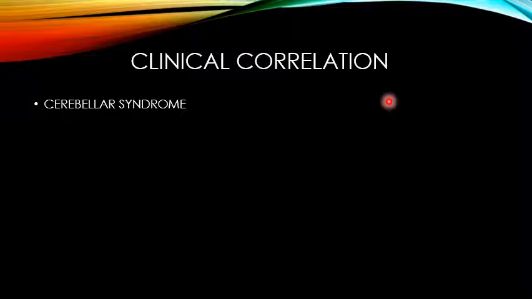The third thing is disturbance in movement. If there is any lesion, thrombosis or tumor in the cerebellum, there can be lack of coordination of movements, called ataxia. Lack of coordination between different groups of muscles is called asynergia. The person may show weakness, easy fatigability and slowness of muscle, called asthenia.